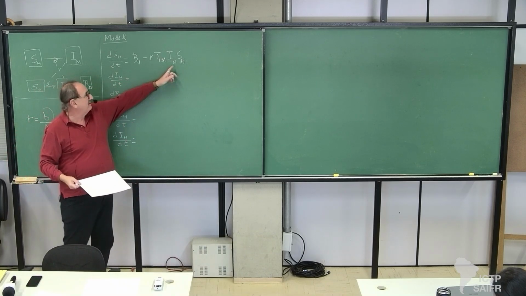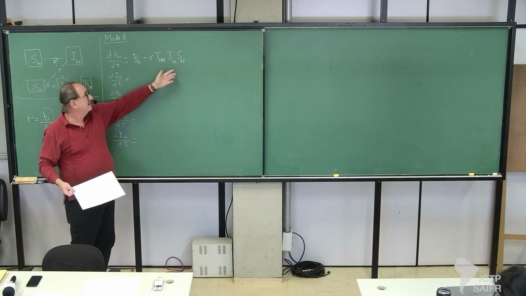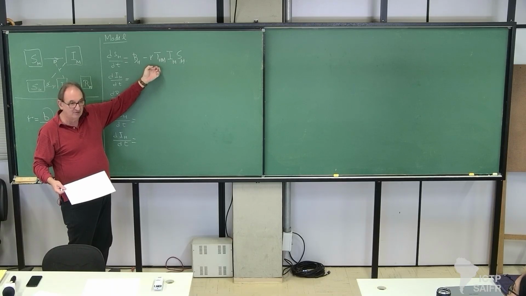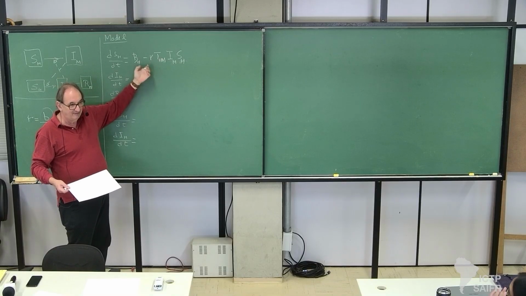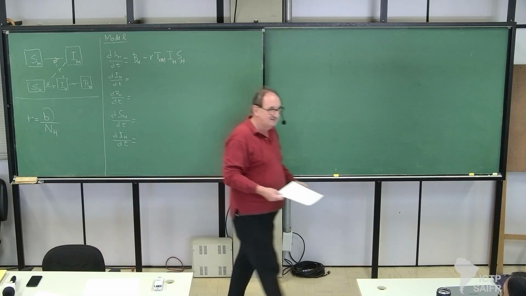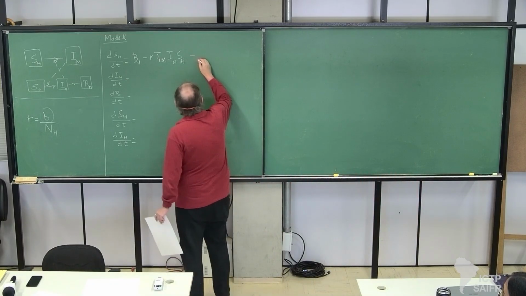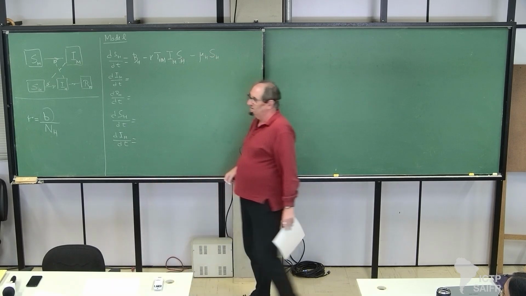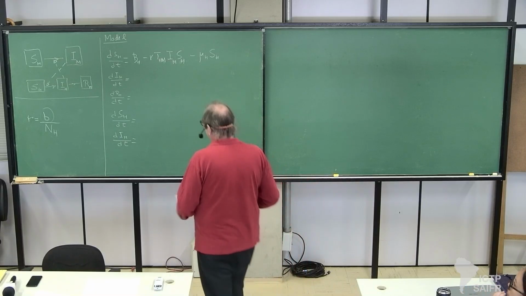So you have an encounter, infected mosquito, susceptible human. There's a probability that this encounter generates an actual infection, and this is the number of bites per unit time per human. Okay? And well, then you have also some mortality.